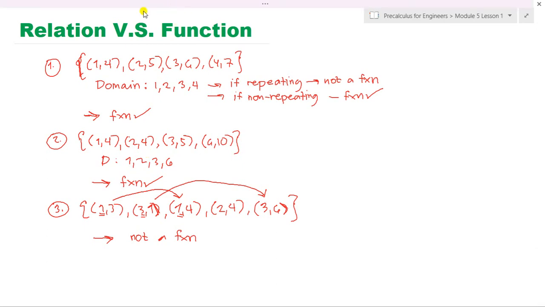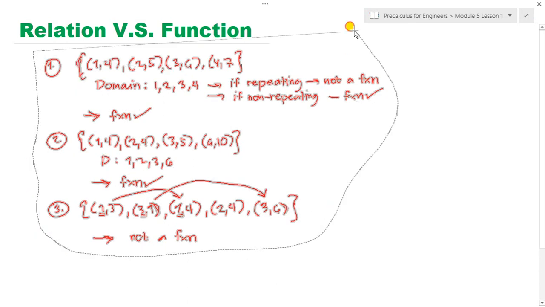Okay, let's try another example. Let's try a function that is annotated by another notation. The notation before was ordered pairs. How about if you're given this one? Let's say f in a correspondence method. So let's say x corresponds to y squared minus 9, such that y approaches, if you meet this symbol, it represents a real number.